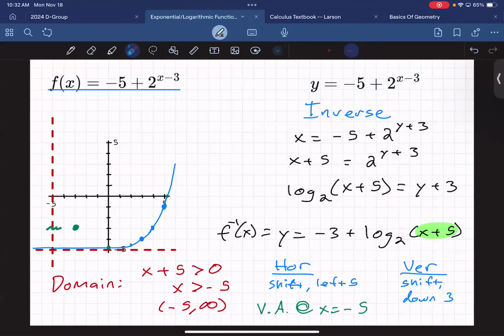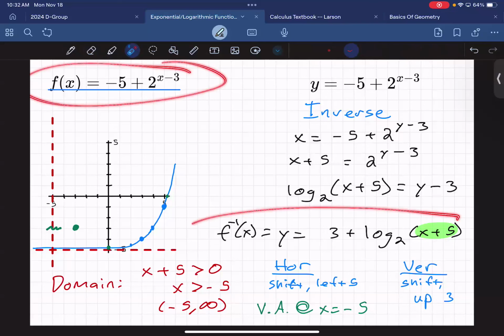All right, so we do have a minor error here that we got to fix. I'm going to tell you how I know my mistake. Hopefully you're catching why I know my mistake. What's special about this function and this function down here that I stated?